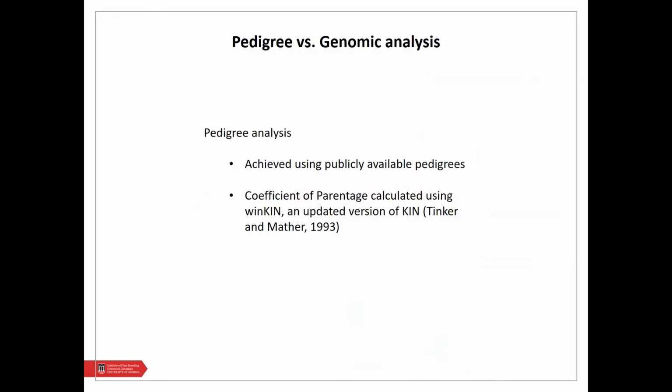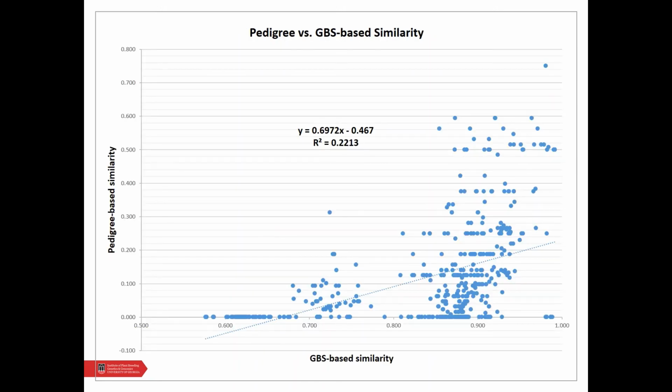To compare the GBS-based estimate of genetic similarity to the pedigree-based coefficient of parentage, I used the publicly available pedigree information for each of these cultivars and calculated the coefficient of parentage for each pairwise comparison using a program called Kinship. This scatter plot shows the relationship between the GBS-based similarity estimate on the x-axis versus the pedigree-based method on the y-axis.